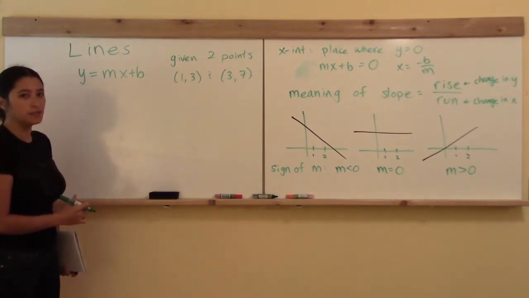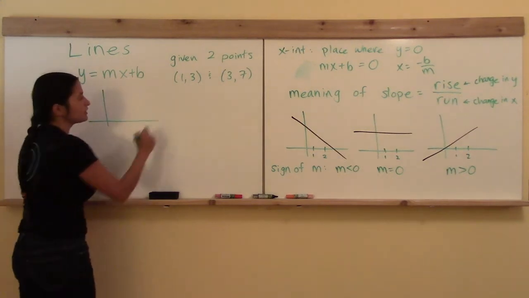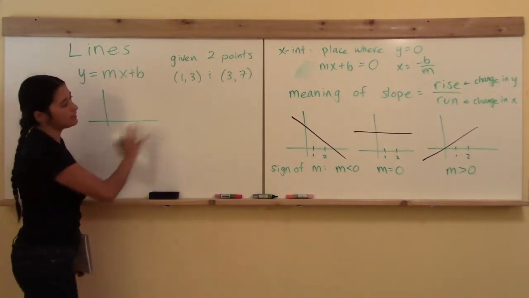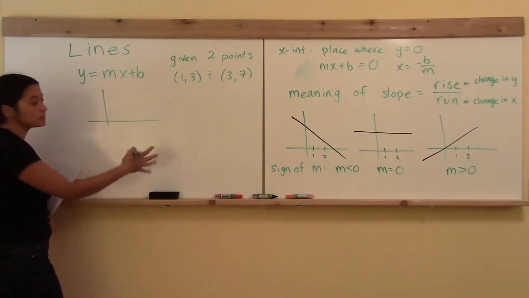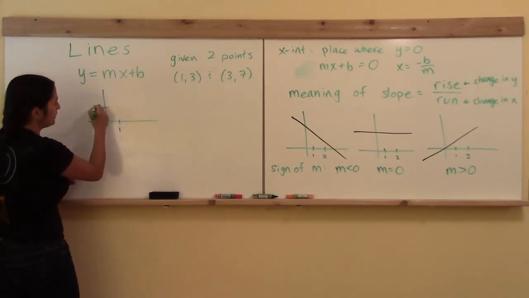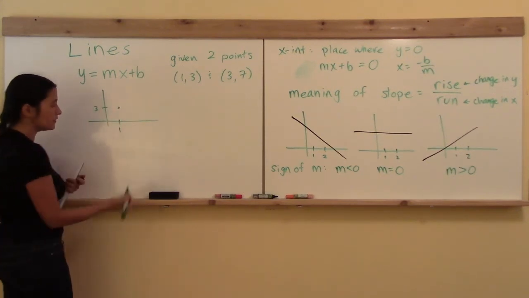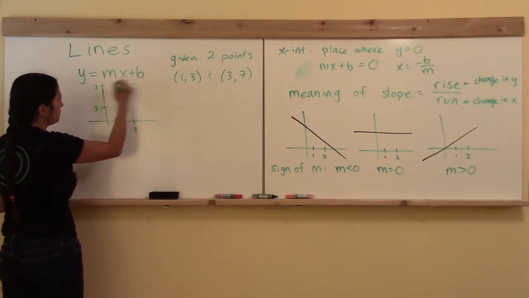Okay, so how I'm going to do it, before I even begin to do the algebra of it, is I would really like to draw a picture of this, and that way I can make sure I'm on the right track, see if this is a line going up, a line going down, is it flat? Let's see, the first point is 1, and then I go up to a height of 3 right there. The second point is 3, and then I went all the way up to a height of 7.